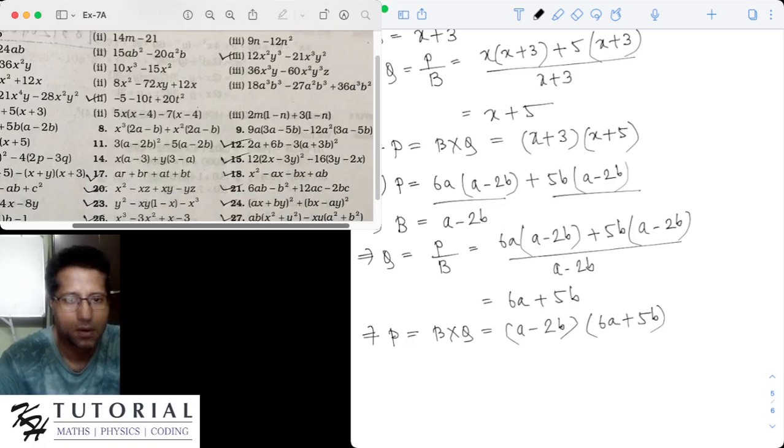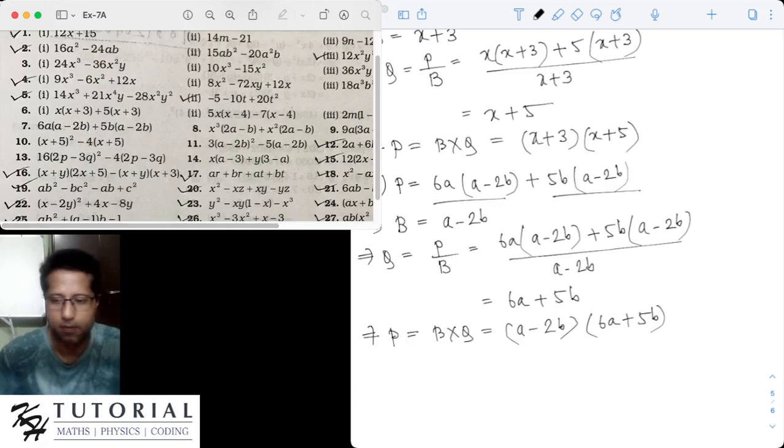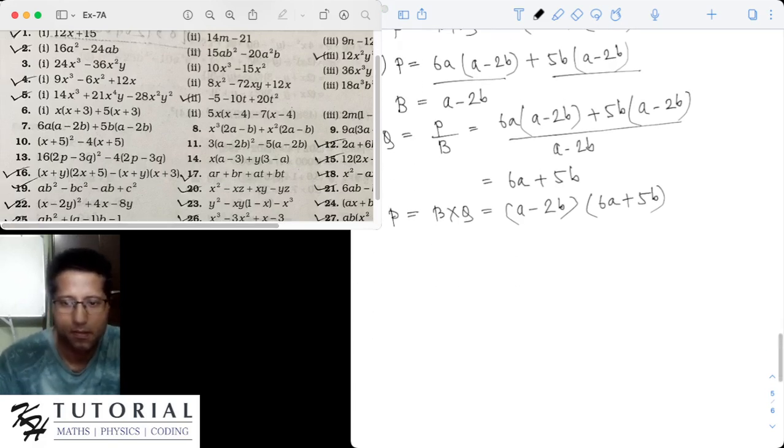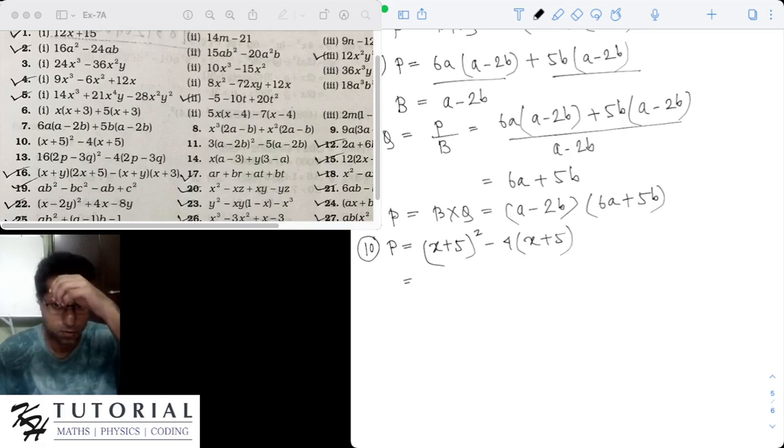Let's do problem number 10. The given polynomial p is given as (x + 5) square minus 4 into (x + 5). Now (x + 5) whole square means (x + 5) multiplied by (x + 5).